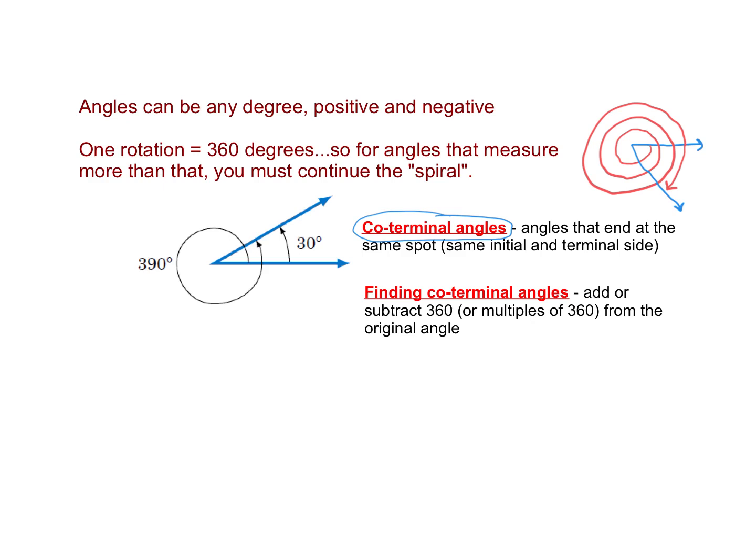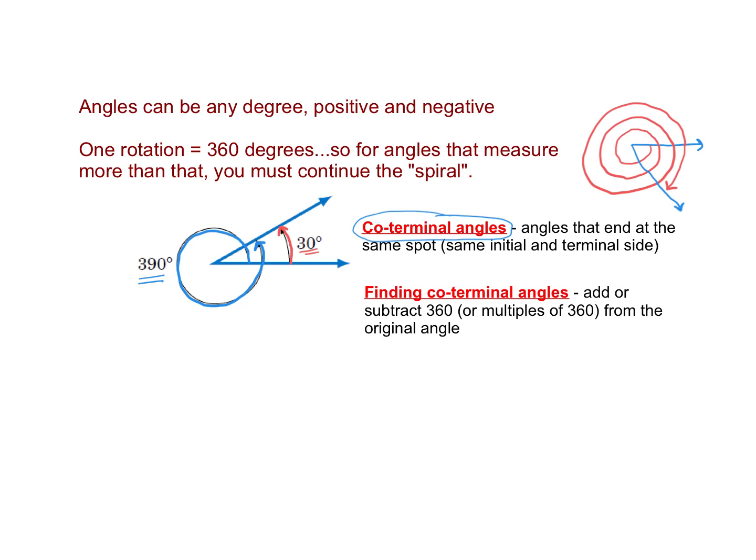That 390 degrees is going all the way around. This is going to be 360, but then we have an additional 30 degrees here, so that makes that 390 degrees. But then we can also have just a rotation from the initial side to that same terminal side, and that's only 30 degrees. So 30 degrees and 390 degrees are coterminal.